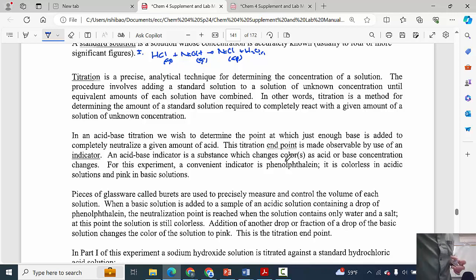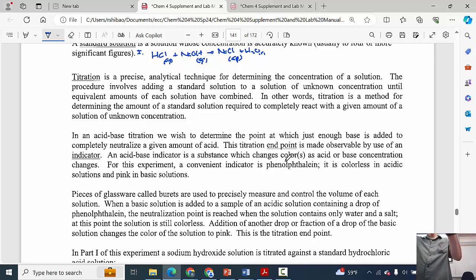The hard thing is getting just the right amount of base without adding too much. And that's where people screw up. They add too much base. When you add too much base in Chem 1A, you have to throw it away and start over again. It's a big headache, and the students hate it, but unfortunately they have to do it.